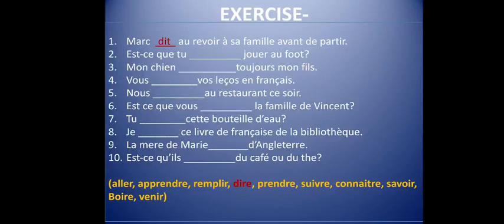Eighth, je dash ce livre de français de la bibliothèque. I dash this French book from the library. Ninth, la mère de Marie dash d'Angleterre.